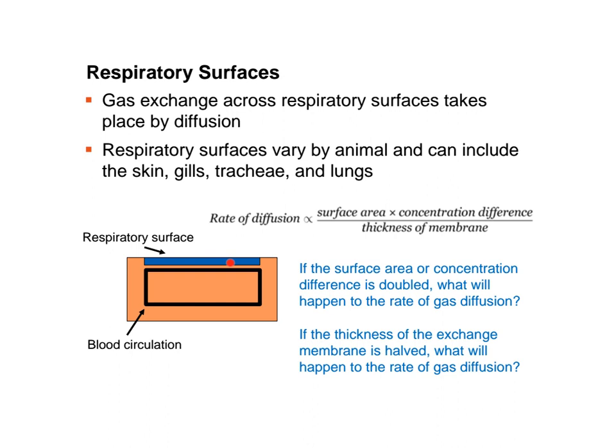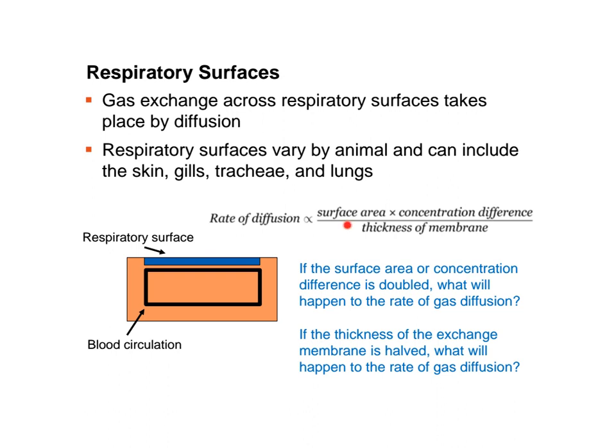Then through the interstitial fluid, and then through the endothelium of a pulmonary capillary. So that whole thing would essentially be the diffusion path, and that would be the thickness of the membrane that we're talking about here. So let's think about what would happen. For example, if the surface area or concentration difference is doubled, what will happen to the rate of diffusion?